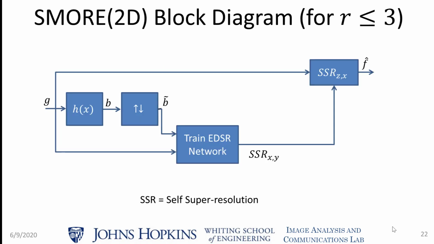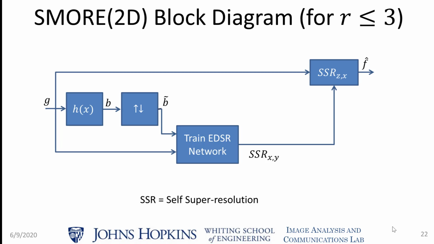Now, before presenting results, I'm going to jump to the 2D version, which in principle is very similar and can in fact be implemented in an analogous way to 3D SMORE. But there's one step you have to add, which is the step that produces aliasing. So remember, G is filtered by H to produce this doubly blurred image B, but that image B did not have aliasing artifacts in the case of SMORE 3D.